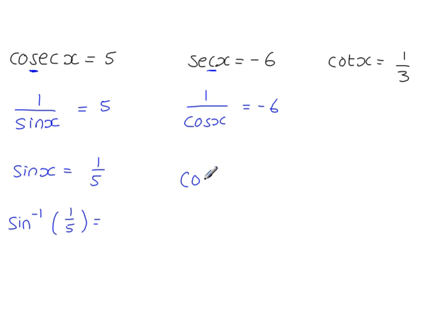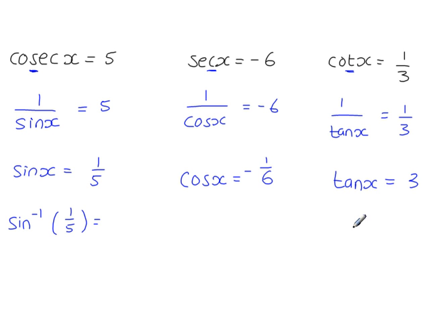Now reciprocal both sides, so cos x is equal to, now remember, when you take the reciprocal, the sign of the number doesn't change. If that was negative, it's still going to be negative. Cot x is equal to 1/3, so cot is related to tan, so 1 over tan x is equal to 1/3, reciprocal both sides, tan x is equal to 3, and so on.